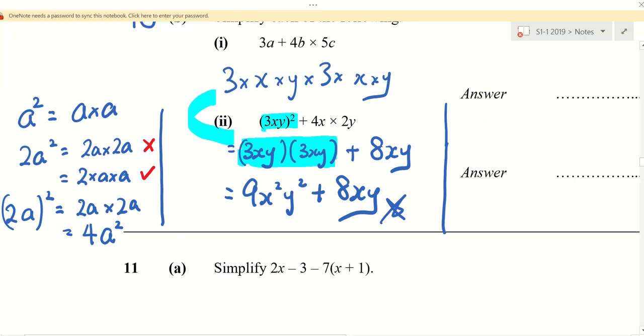Shi Ting is asking, teacher, xy whole thing square, is it the same as xy square? Answer is no. Why do you separate x square, y square? Why can't you combine into xy square?